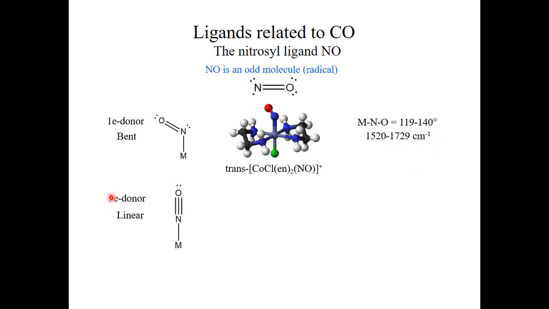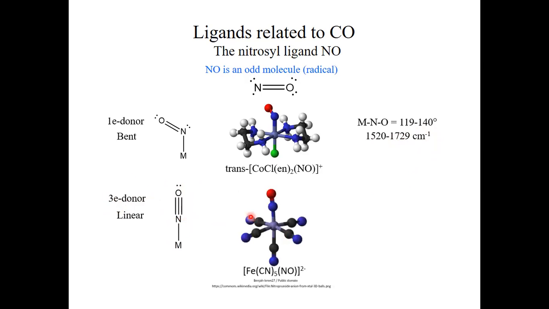So the other possibility is that we have a 3 electron donor, and in this case, the nitrosyl ligand binds in a linear way to the nitrogen, because the electron lone pair is no longer an electron lone pair, it's involved in the bonding, so the electron lone pair is sterically no longer active.